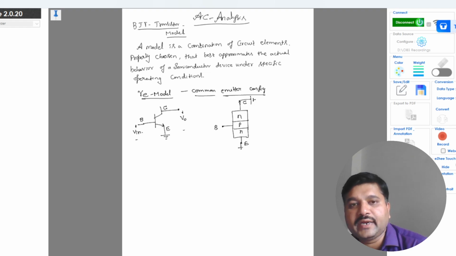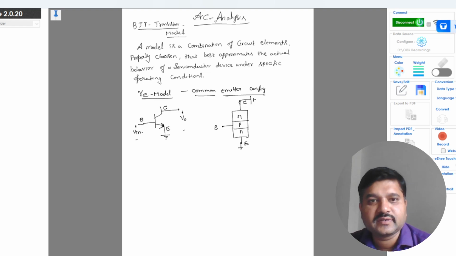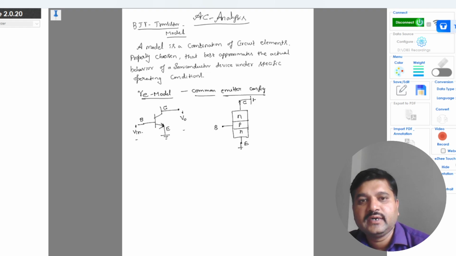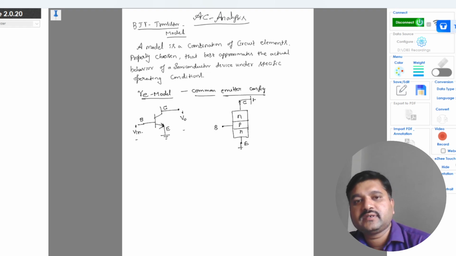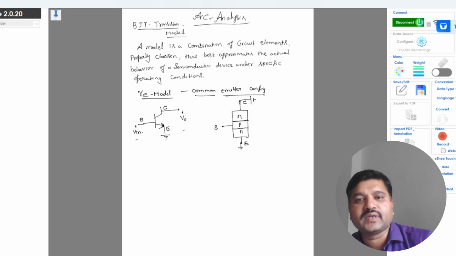This is the symbol of the transistor, where the arrow going outside the transistor represents that the majority charge carriers are electrons and the current flowing in this transistor is due to electrons. So you have two junctions and three layers, NPN, where P is connected to the base and N is connected to the emitter and collector.